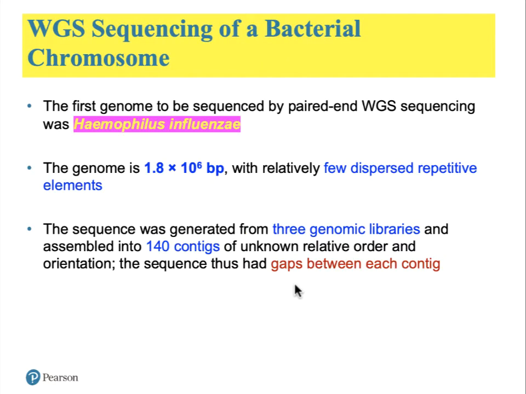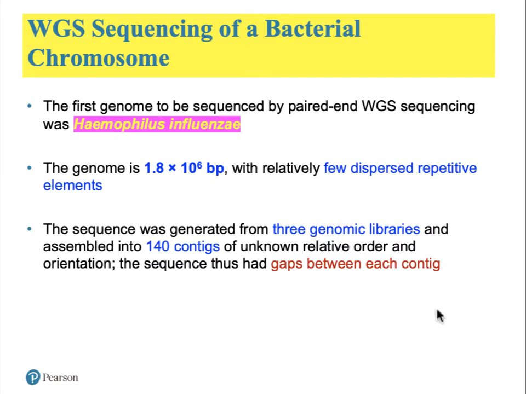From a historical perspective, the very first entire bacterial genome to be sequenced was of the bacteria Haemophilus influenzae. It has a 1.8 million base pair circular DNA with few dispersed repetitive elements, so it was conducive to sequencing.